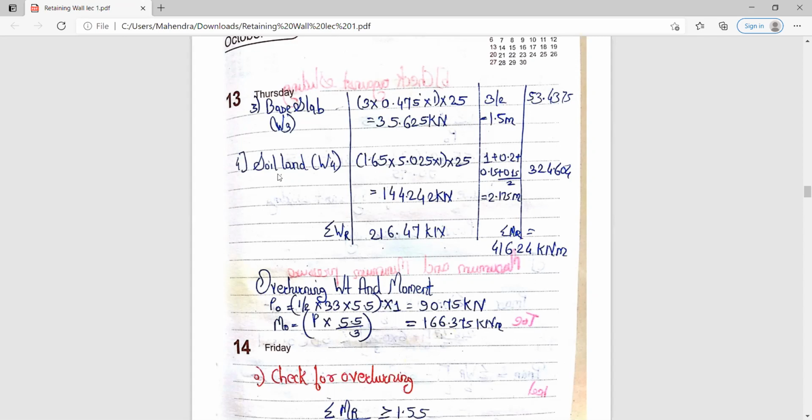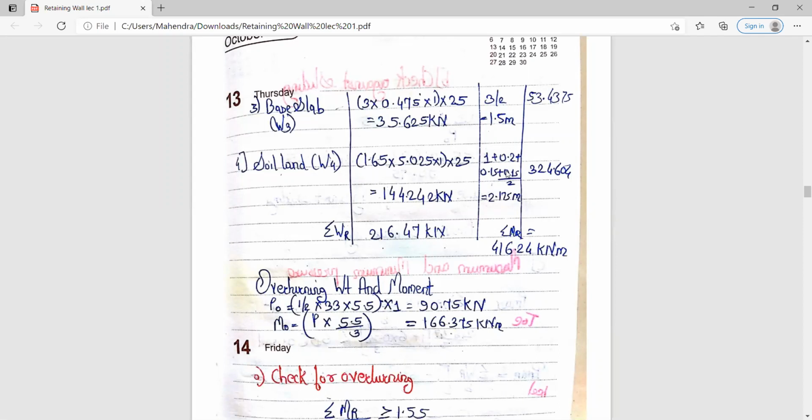After that, the soil load. Refer to your diagram for the soil load. You are going to consider weight W4, which is rectangular in shape. For the rectangular portion, area is length into breadth. The total length is 1.65 and the height is 5.025, into 1, into density.